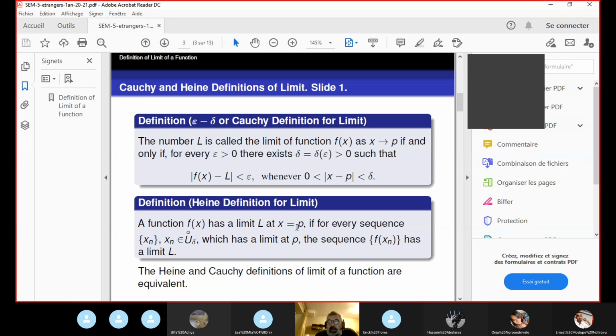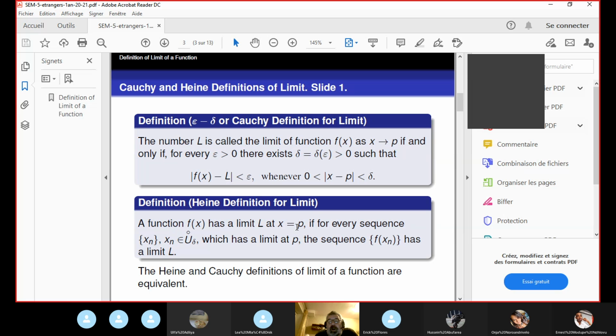You see, here we have a little problem. Why? Because maybe we have a limit of my function at the point P, as x goes to P. But I have no information about the existence of my function f at this point P. It will be possible if my function f is continuous.